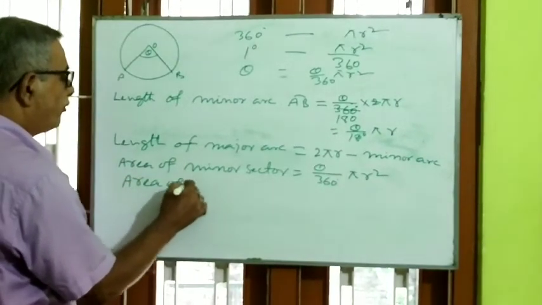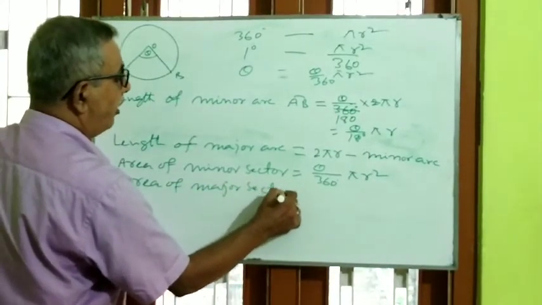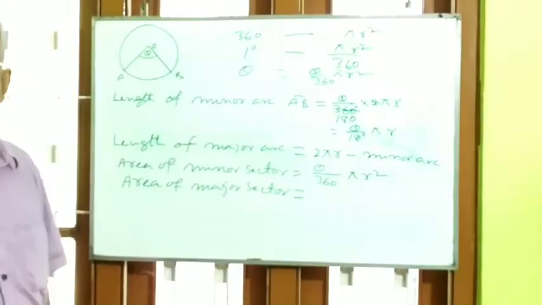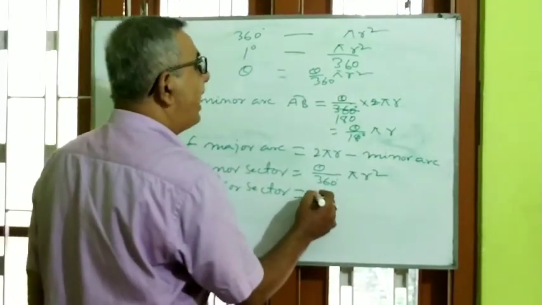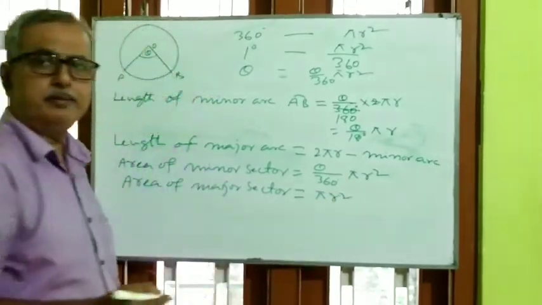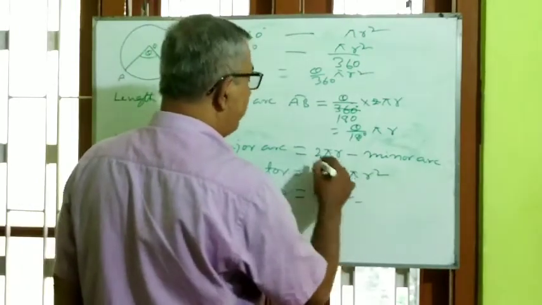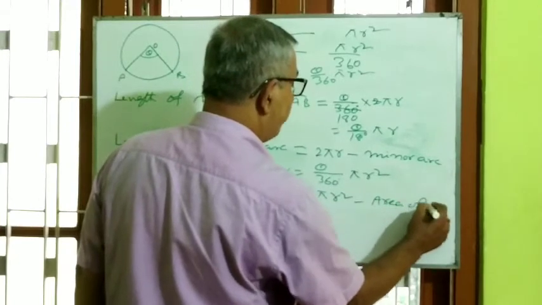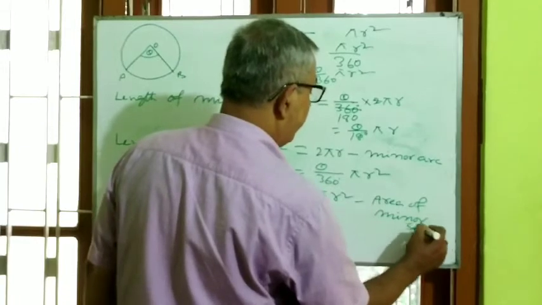Area of major sector is equal to what can you write? Area of major sector is equal to pi r square, that is the area of the circle, minus the area of minor sector.